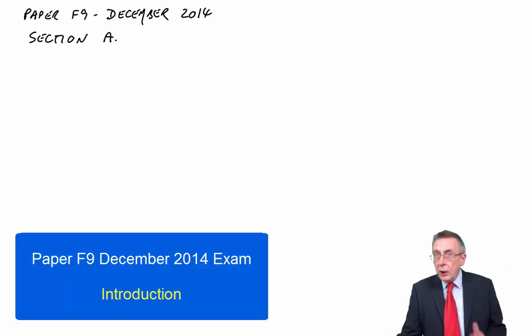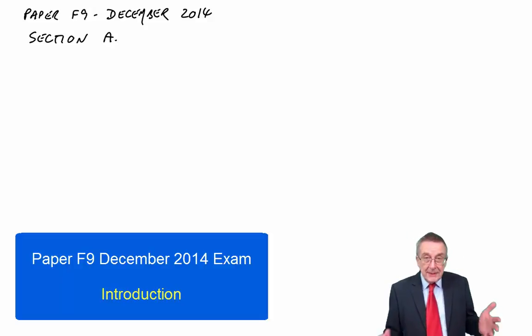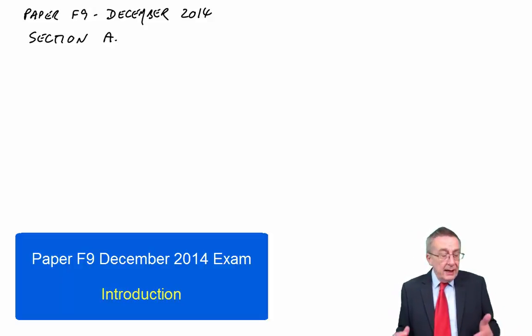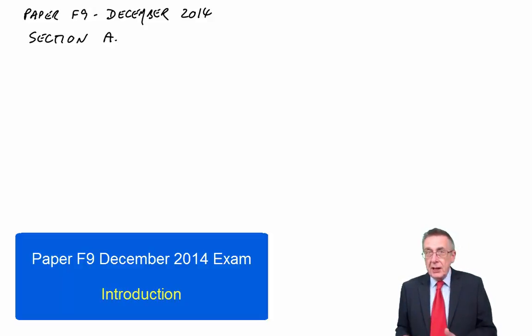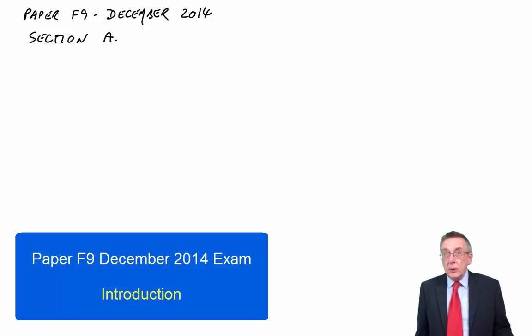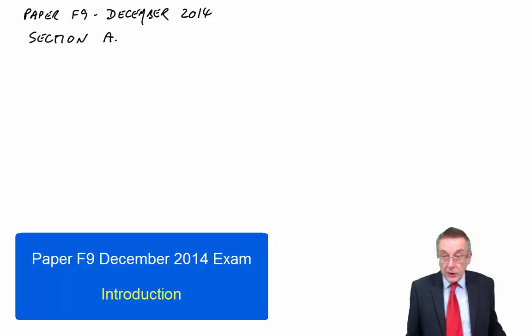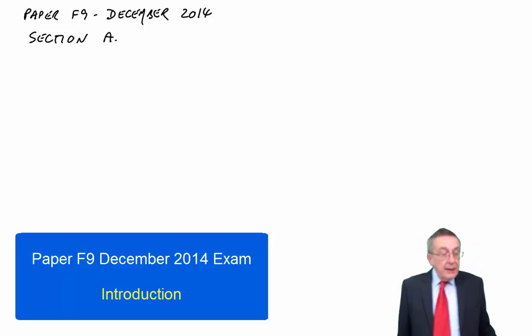But the point is they all carry 2 marks, even though some of them are much quicker and easier, some of them are much harder and longer. And so, although I'll go through them in order, when you're doing the exam, do watch yourself. Your aim is to get at least 50% on every part of the paper.